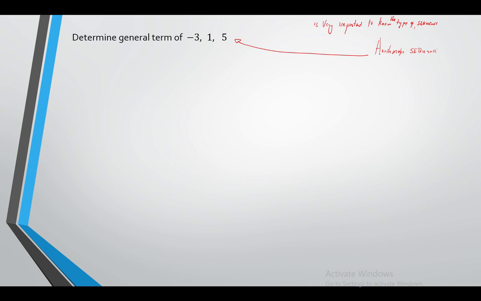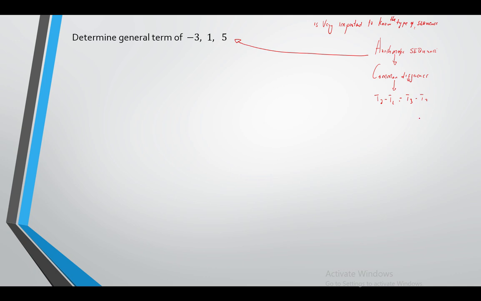We said an arithmetic sequence is a sequence with a common difference. The common difference means term 2 minus term 1 should be equal to term 3 minus term 2. So let's check.